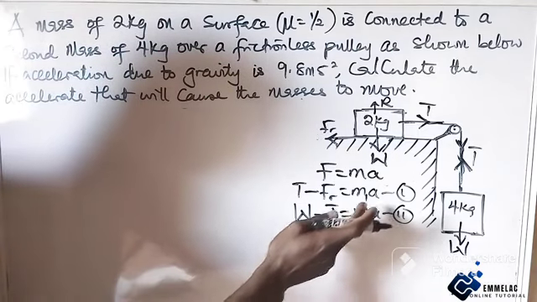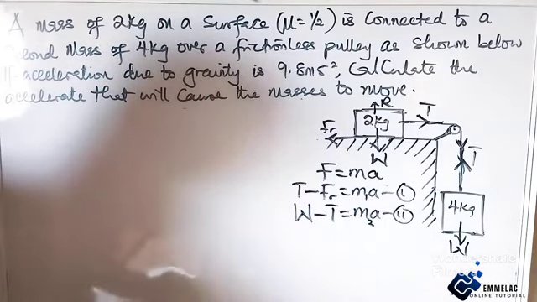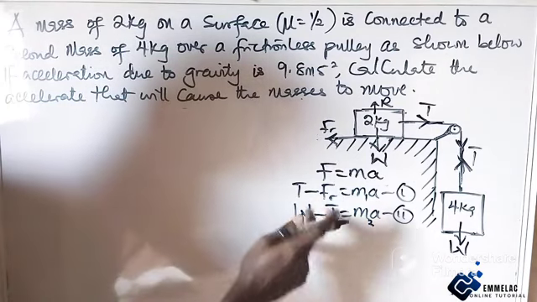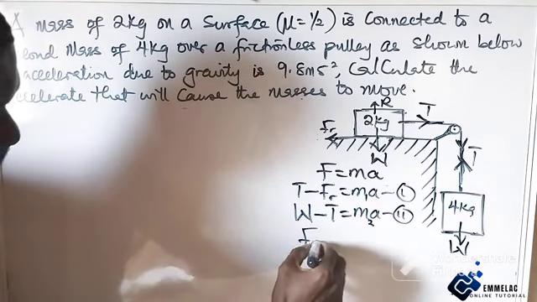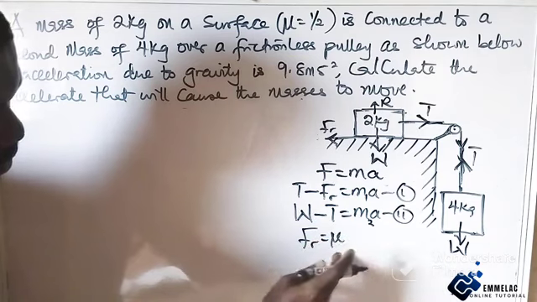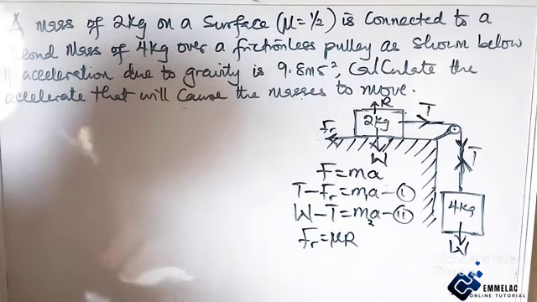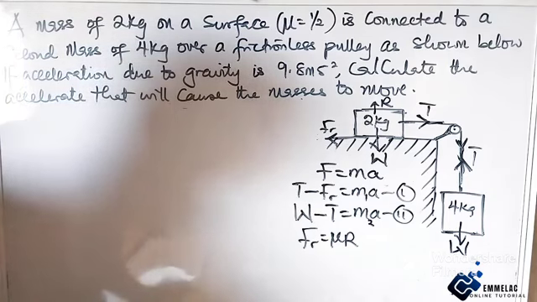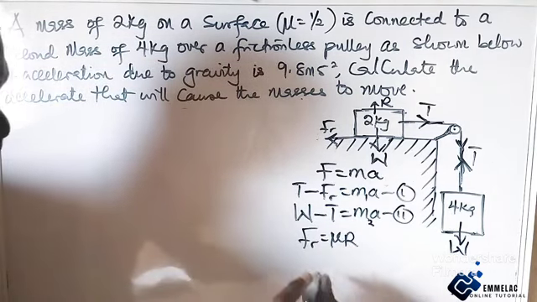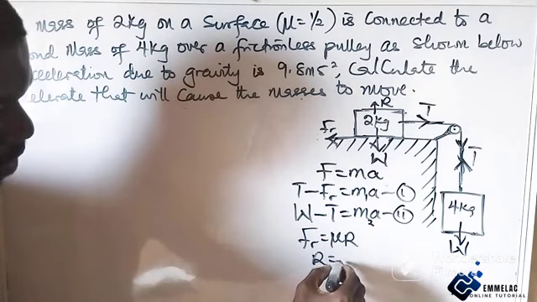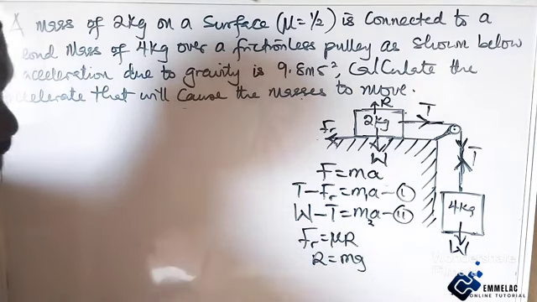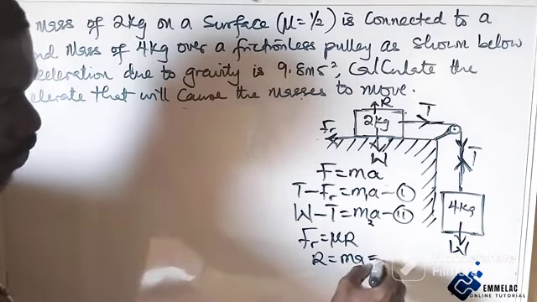And since we are looking for acceleration here, now the frictional force equals the product of the coefficient of static friction and the reaction. Now our reaction here will be mass times acceleration due to gravity.